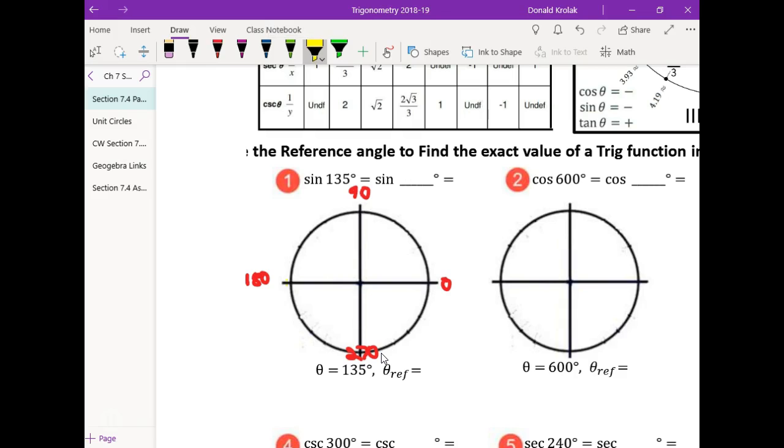Now remember, when you're doing reference angles, guys, you're always drawing the angle to the x-axis. All right, so we're going to sketch our 135. Okay, then highlight your reference angle.